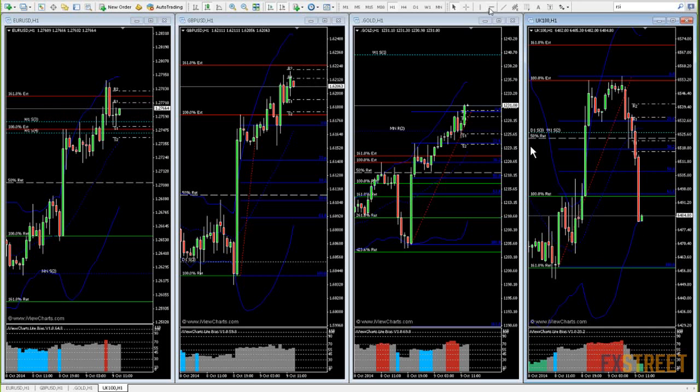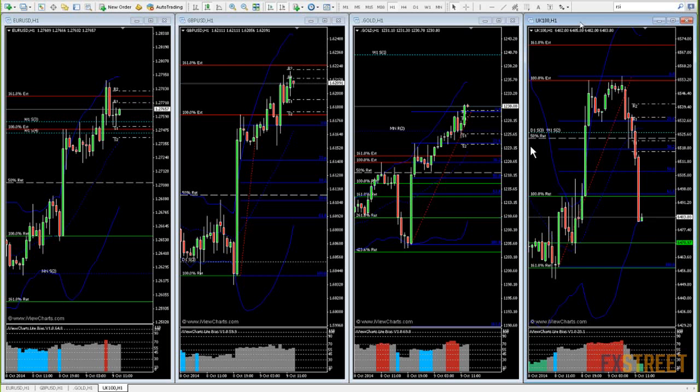6,470.97 would be a logical support resistance point, and then below that, obviously, we've got the lows down here at 6,458. Gold's just holding towards the highs, not really doing anything, and we've really kind of stalled towards the high in both the euro dollar and the pound dollar in cable.